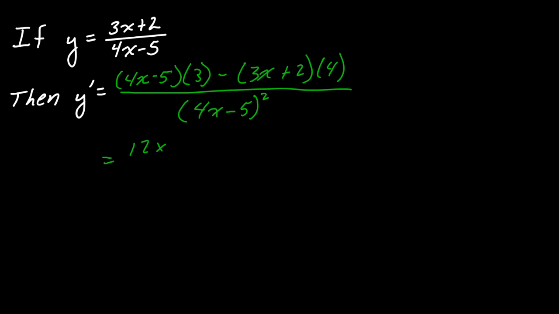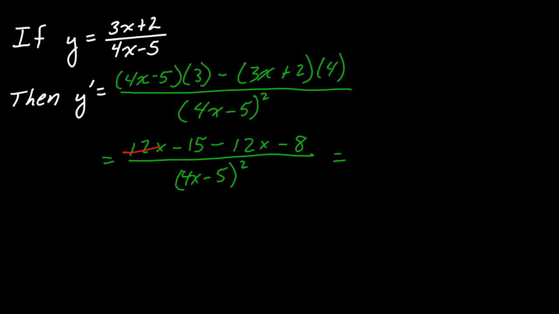That'll give us 12x minus 15 minus 12x minus 8 over the bottom squared. The positive 12x and the negative 12x will cancel, and that's going to leave us with negative 15 minus 8, or negative 23, over 4x minus 5 squared.